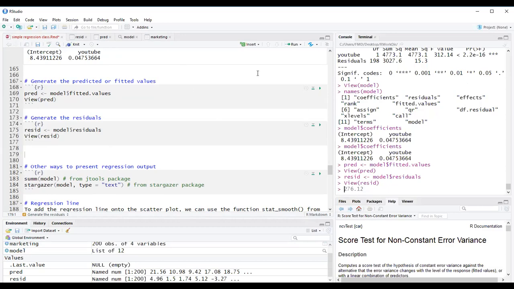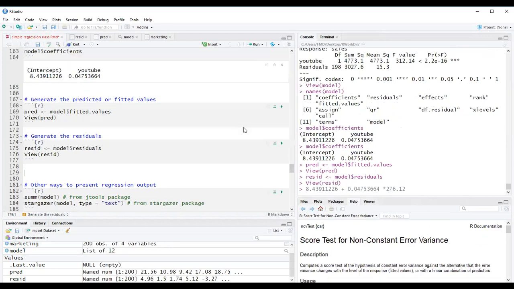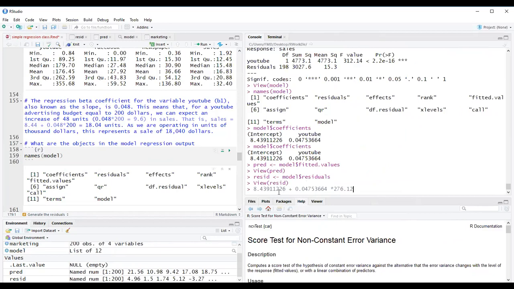Just to show you guys, this is our intercept. All right, take a look at this. What is this, guys?